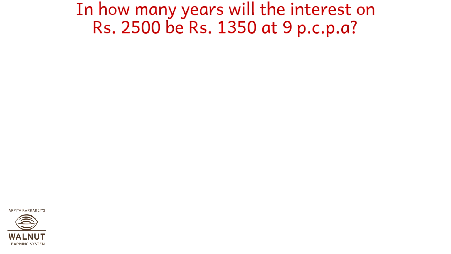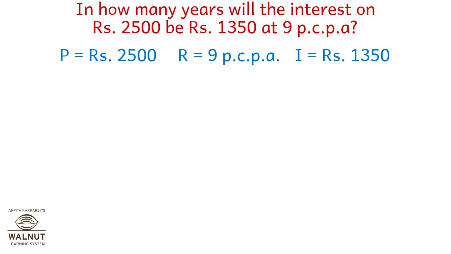In how many years will the interest on rupees 2,500 be rupees 1,350 at 9 p.c.p.a? Let's understand this problem. We know that the principal is rupees 2,500, the rate of interest is 9% per annum, and the interest is rupees 1,350.